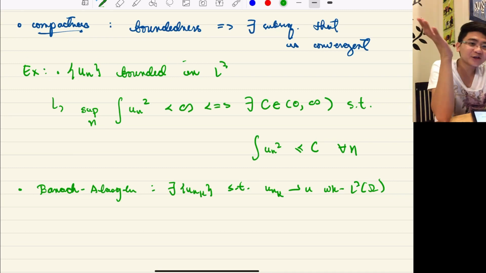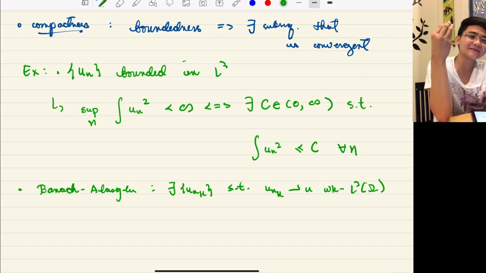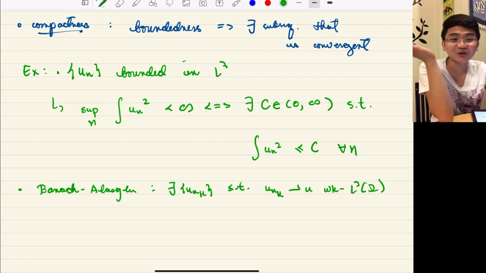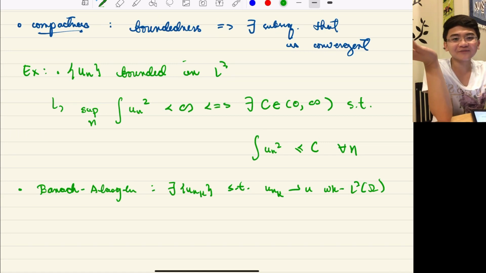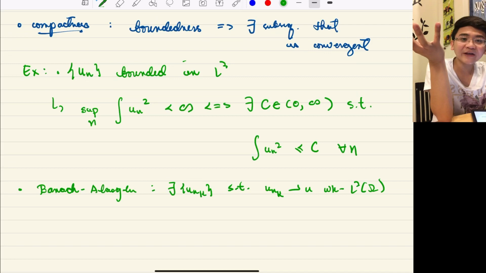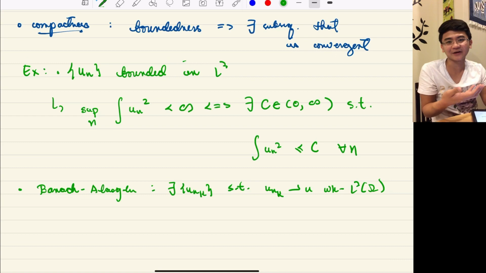One can show that the closed unit ball in infinite dimensional spaces is not compact anymore. It's possible to find an infinite sequence of points in this infinite dimensional ball from which you cannot extract a subsequence that gets closer and closer together.